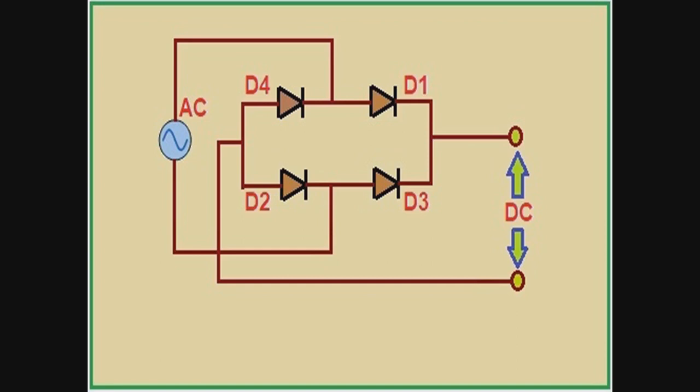At the input, AC is there, taken from the step down transformer which we have seen earlier. The output of the step down transformer is the input of this rectifier, and this rectifier is called a bridge rectifier.